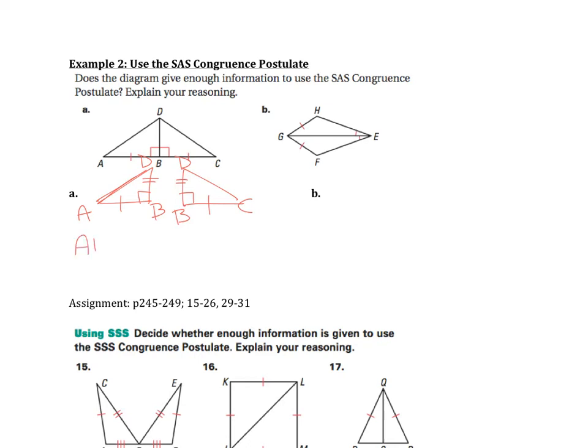So I have AB congruent to CB. I'm going to say angle B congruent to angle B. They're both right angles. And you have DB congruent to DB. So you have side, angle, side.